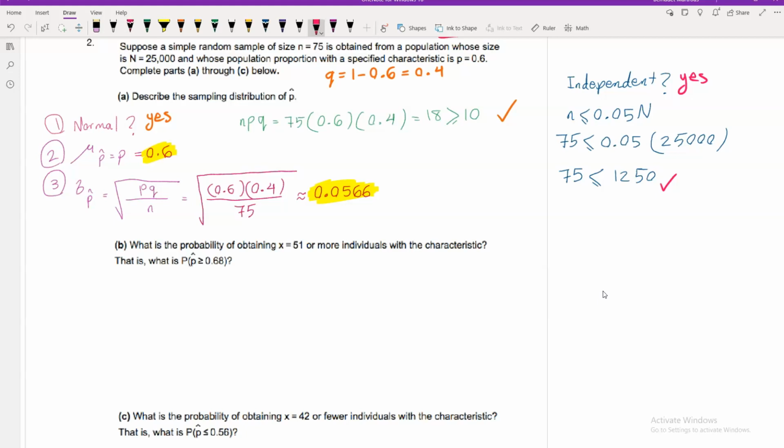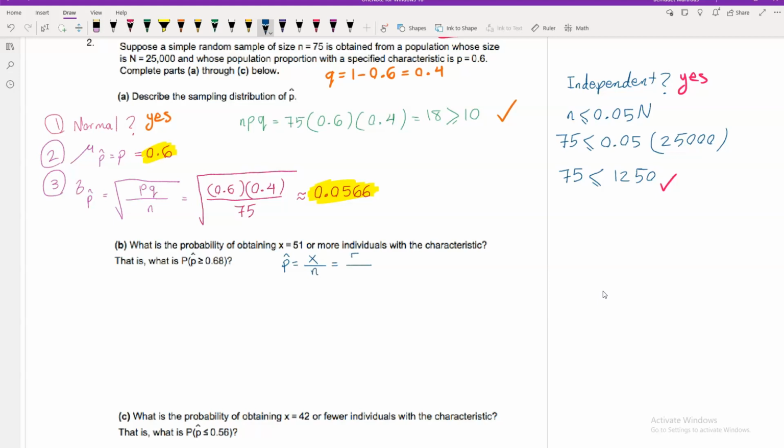Part B, what is the probability of obtaining x equal to 51 or more individuals with the characteristic? Sometimes you may not have this part given. Even if this one was not given, you can find your p hat, because here x is given, and on the bottom we have our sample size 75. But here in this part we have p hat greater than or equal to 0.68, and that is the same as what I have here. p hat is equal to x over n.